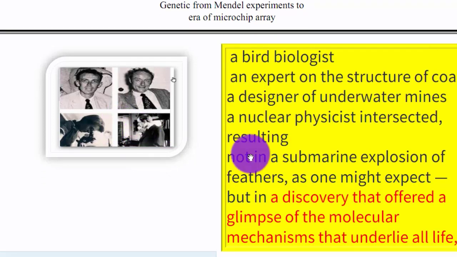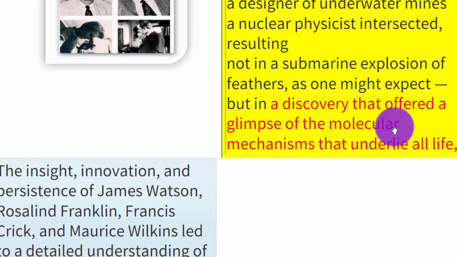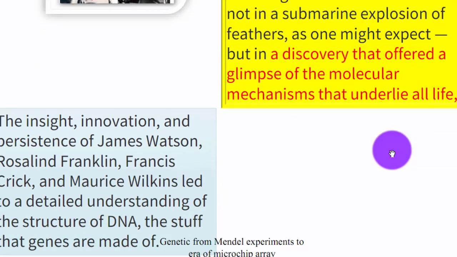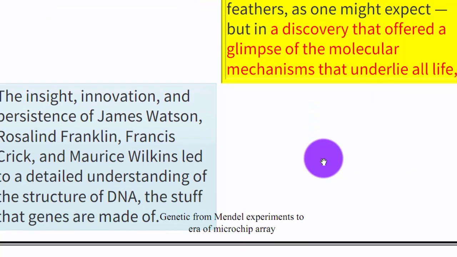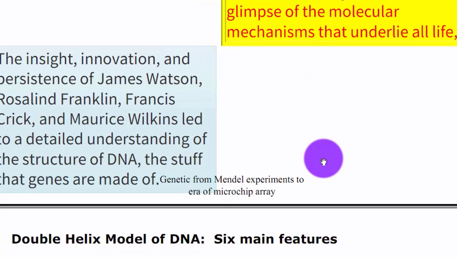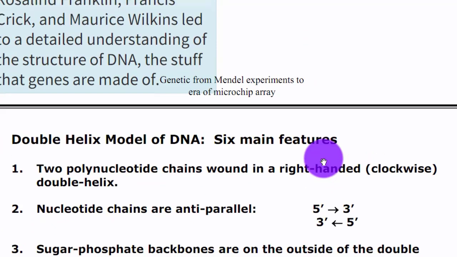Their paths intersected, resulting not in a submarine explosion of feathers as one might expect, but in a discovery that offered a glimpse of the molecular mechanism underlying all life. The insight, innovation, and persistence of James Watson, Rosalind Franklin, Francis Crick, and Maurice Wilkins led to a detailed understanding of the structure of DNA, the stuff that genes are made of.